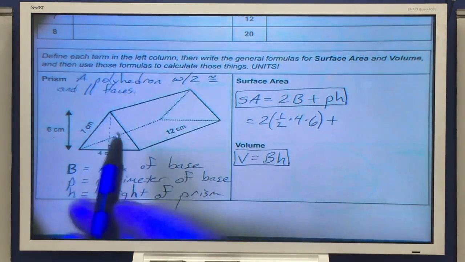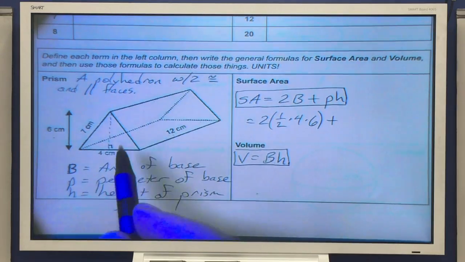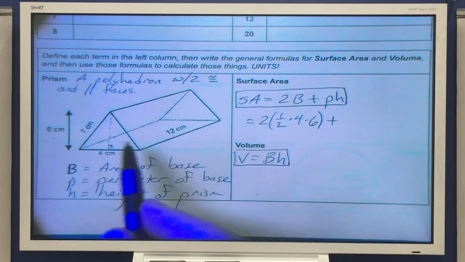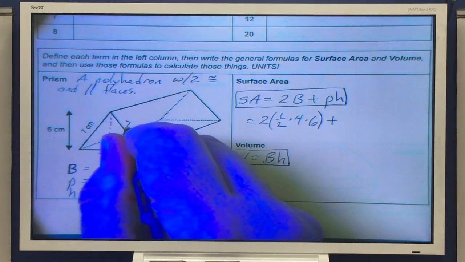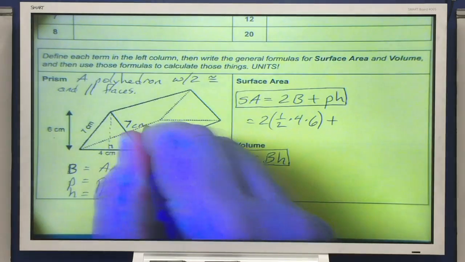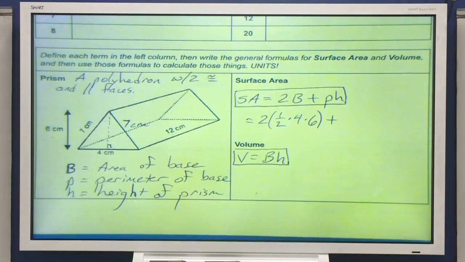Plus, now I've got to get the perimeter. I'm going to assume that this triangle is an isosceles triangle where this length is also 7 centimeters. I'm just going to assume that that's true, and that's okay, because otherwise I couldn't go on with this problem. So we're just going to work with it that way.